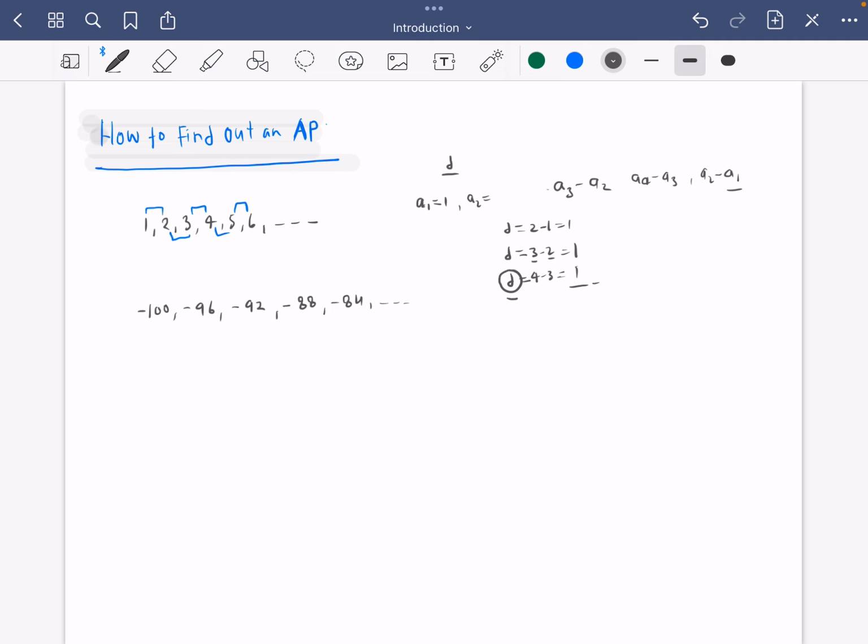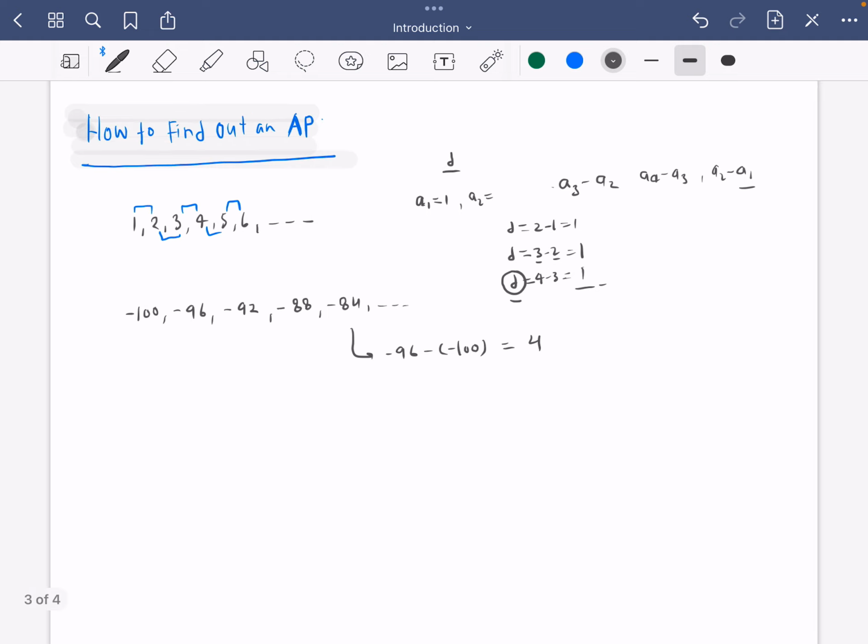Similarly here, it's -96 minus -100. That's going to be 96 plus 100... rather -96 plus 100, so it's going to be 4 between these two terms. Then these two terms, -92 minus -96 is going to be 4.